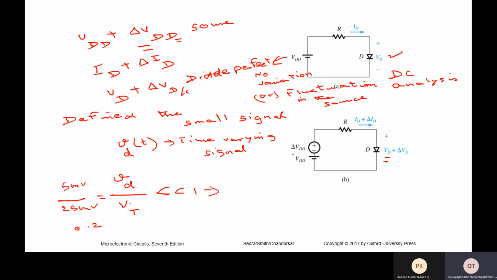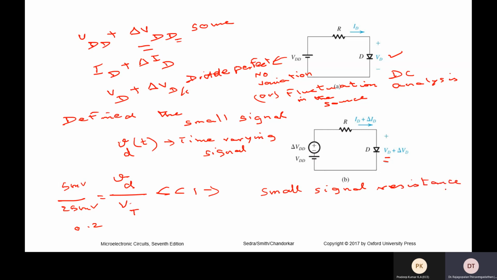Now the second fact that we learned in the morning is, because we are talking about small signal vd and there is a small signal current, a fluctuating current, we define what is called the small signal resistance.